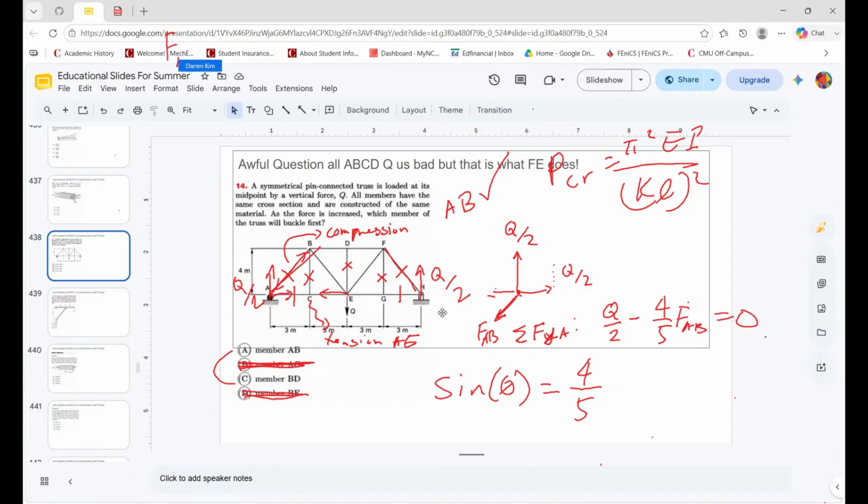So force AB equals Q over 2 times 5 over 4, which is 5 over 8 Q.